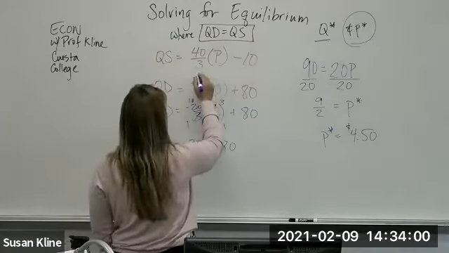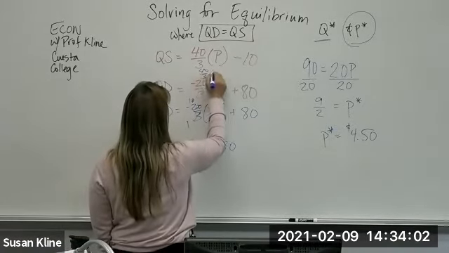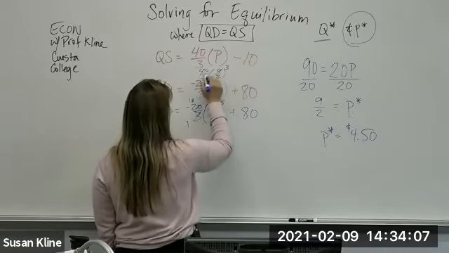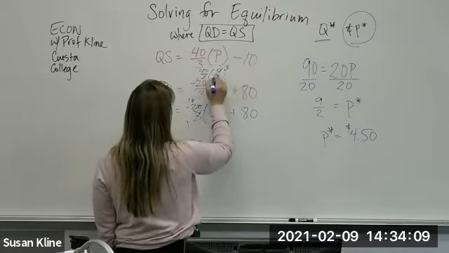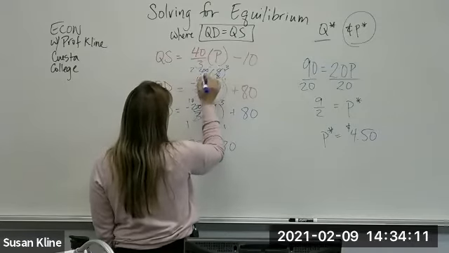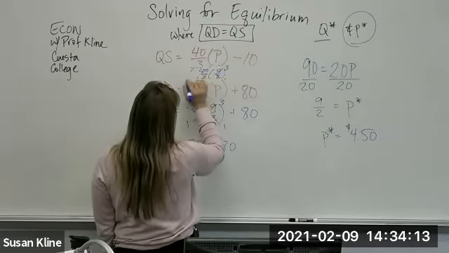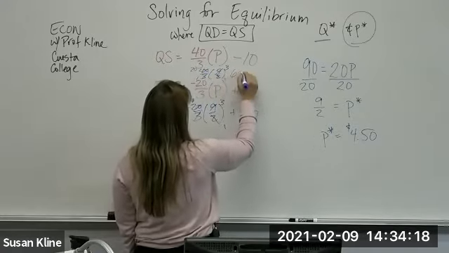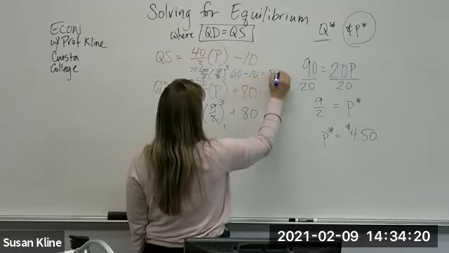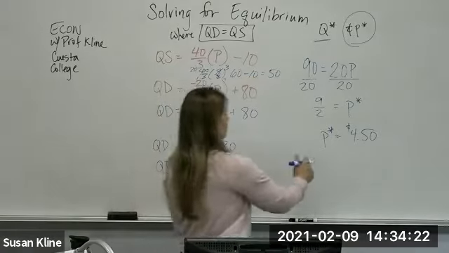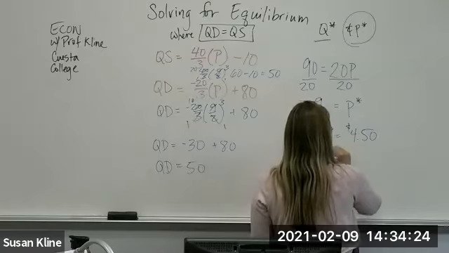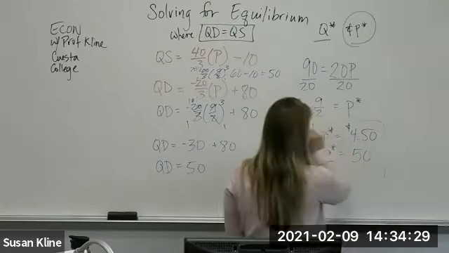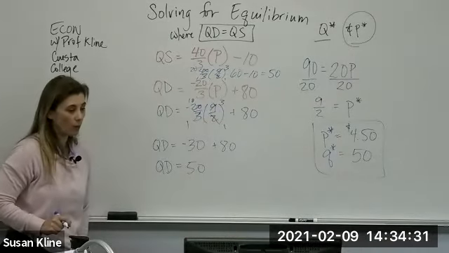Let's plug it into supply. 40/3 times 9/2: that's 3, that's 1, that's 1, that's 2, so that's 20. 20 times 3 is 60, minus 10 is 50. So the equilibrium price is $4.50 and the equilibrium quantity is 50. And there is our equilibrium point.